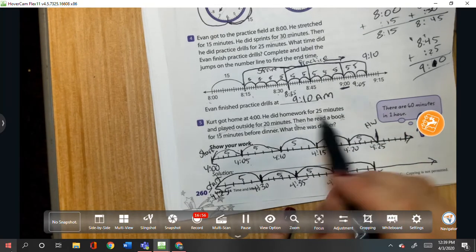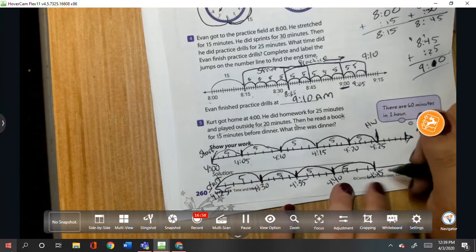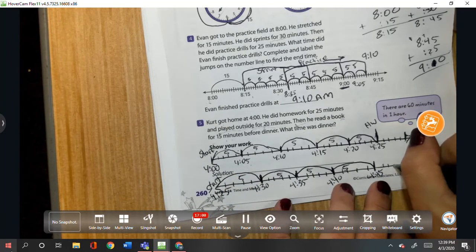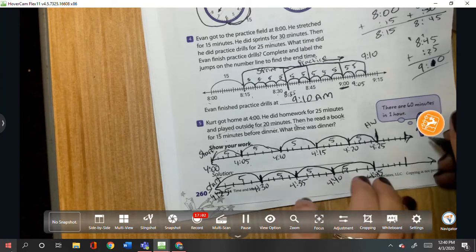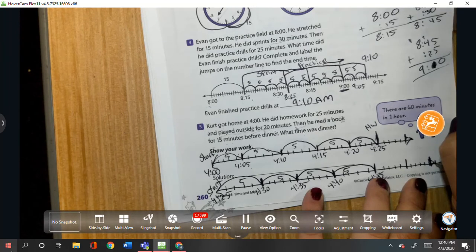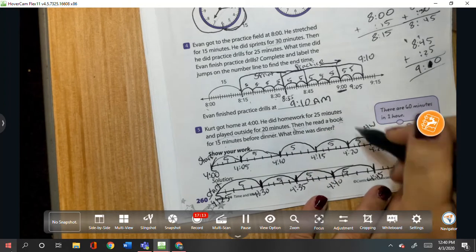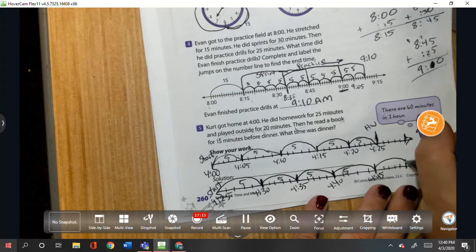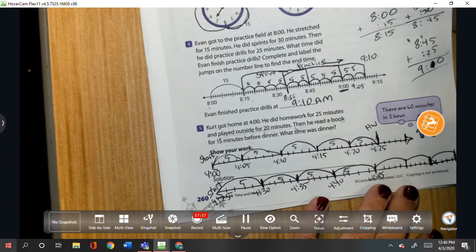He then read a book for 15 minutes before dinner. So 1, 2, 3, 4, 5. We're just going to stretch her on out. 1, 2, 3, 4, 5. 1, 2, 3, 4, 5. So 15 minutes to read a book. 5, 10, 15.